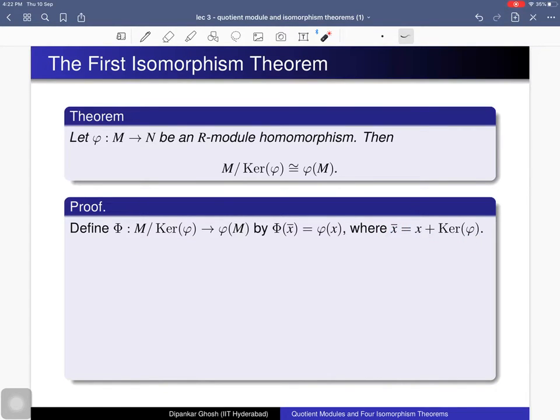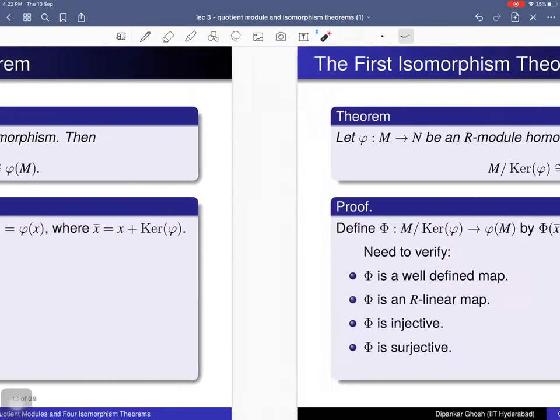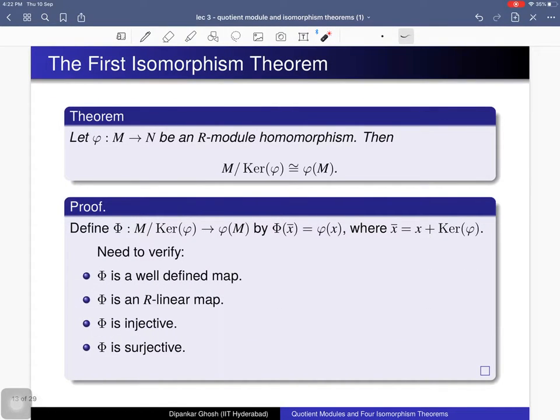So Φ of x bar, you just define it as φ of x, and again you need to verify that this is a well defined set map, and then we should verify the following properties. So Φ is well defined, and let's verify this one by one.